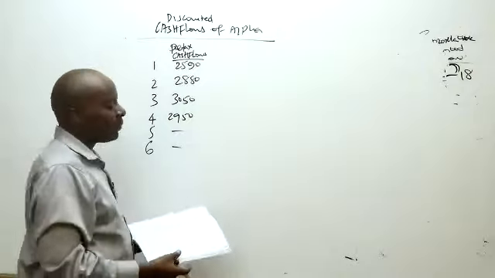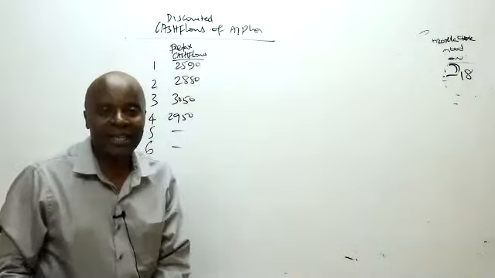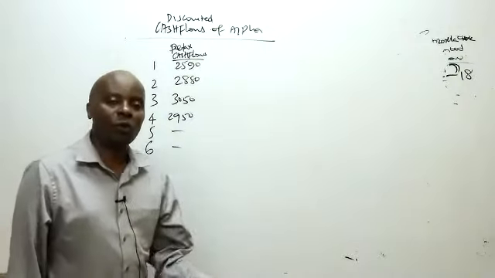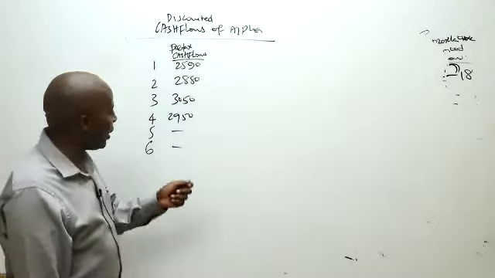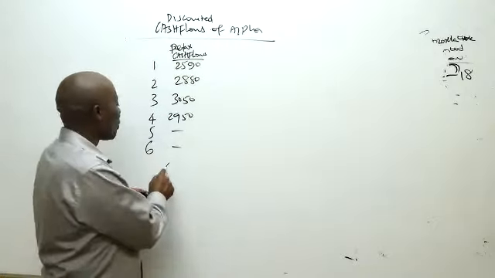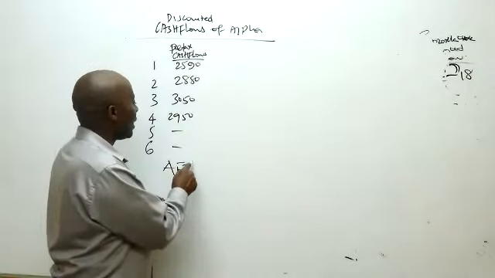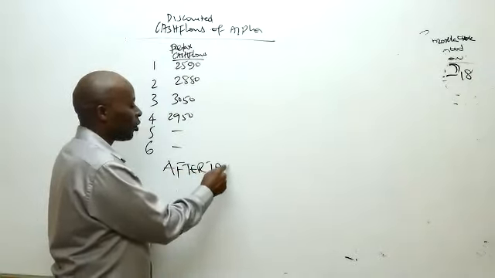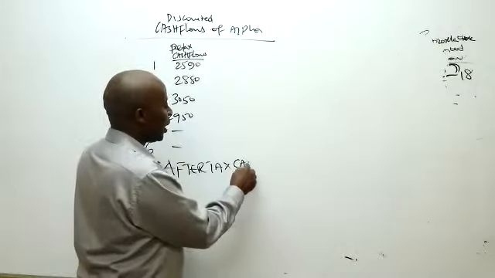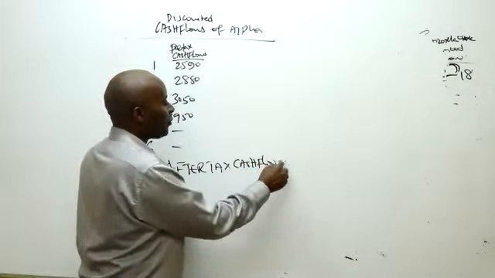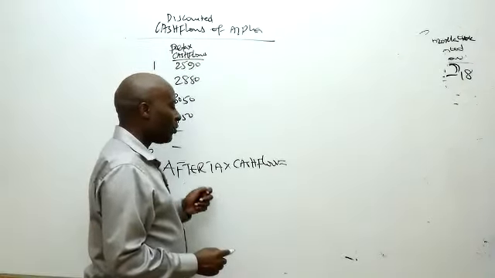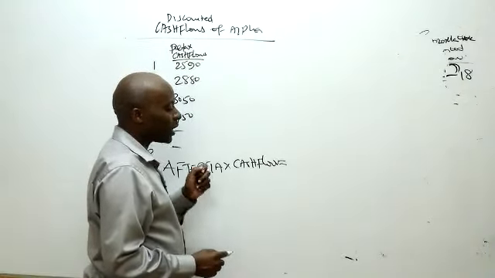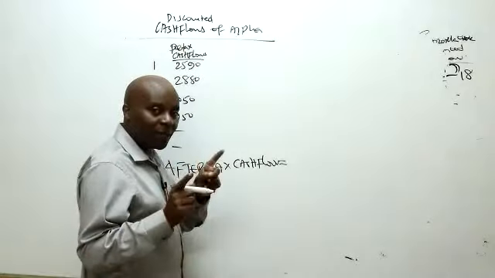Now, ladies and gentlemen, whenever you are given a pre-tax cash flow, your life becomes very easy. What you're supposed to give us is the after-tax cash flow. How do I get this after-tax cash flow? There are no major adjustments you should ever do.